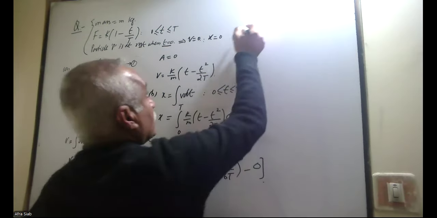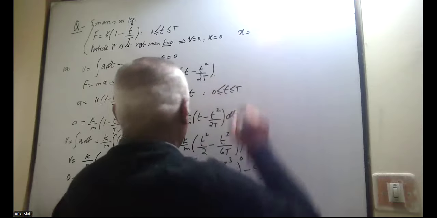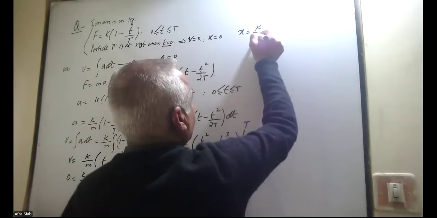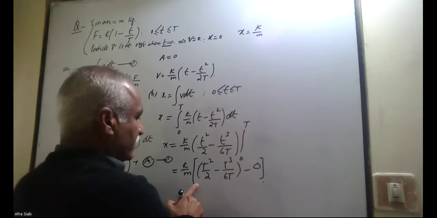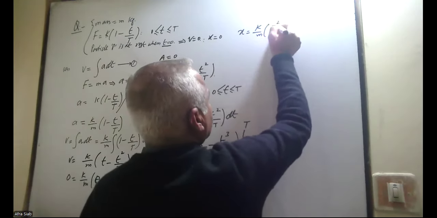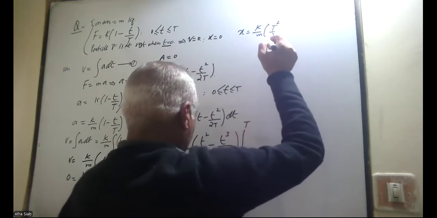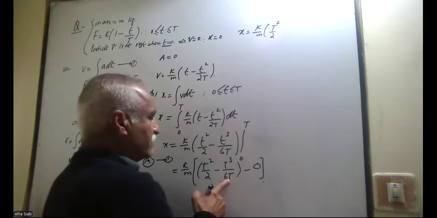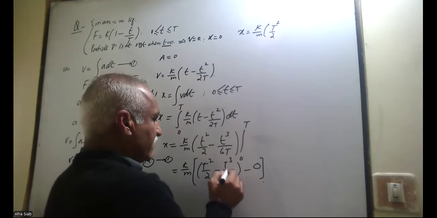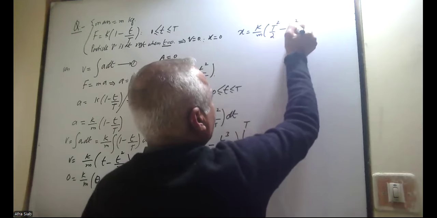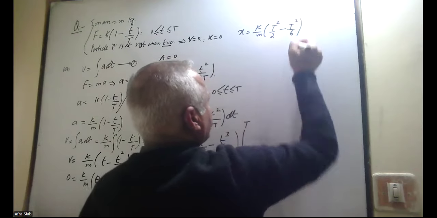So the displacement x is equal to k/m (T²/2 - T³/6T). This is T cubed and this is T, so it should cancel by this T, so it should be equal to minus T²/6.